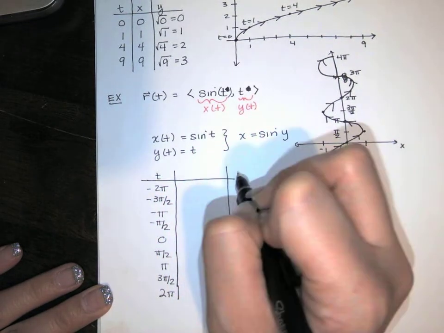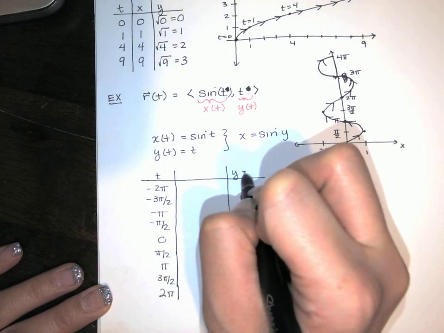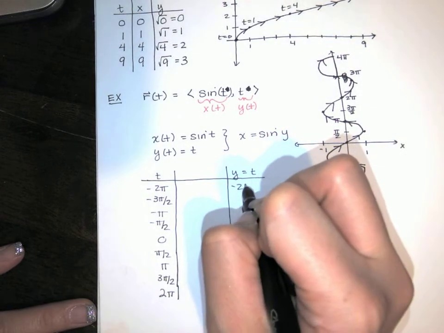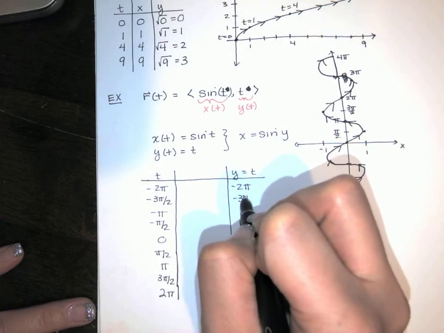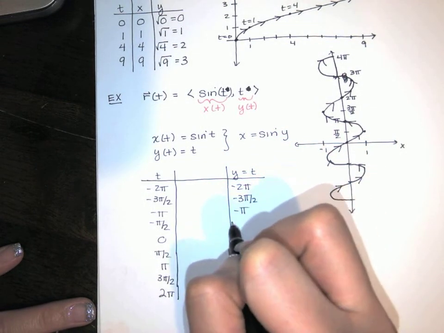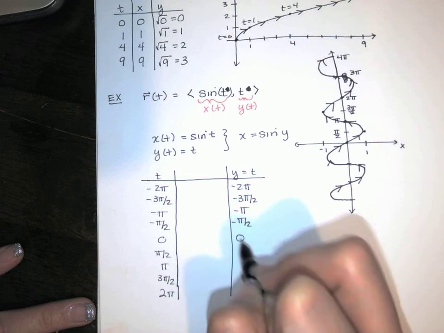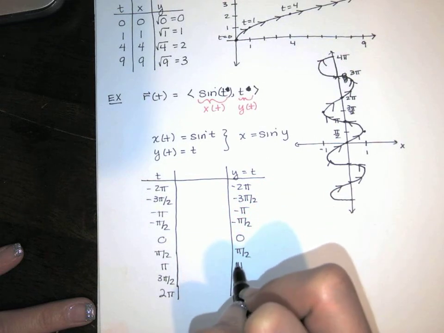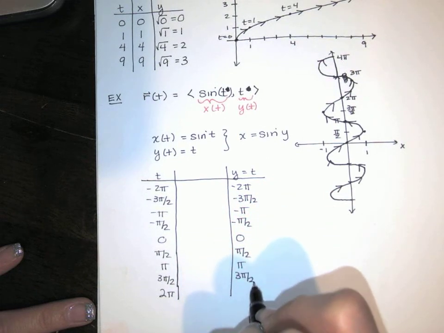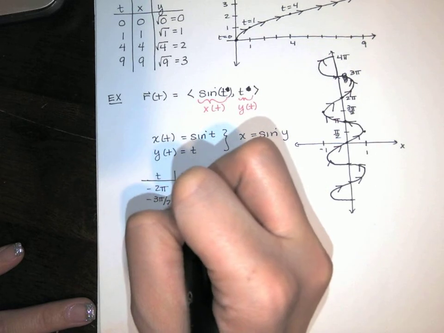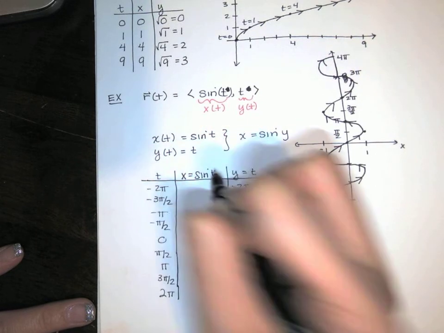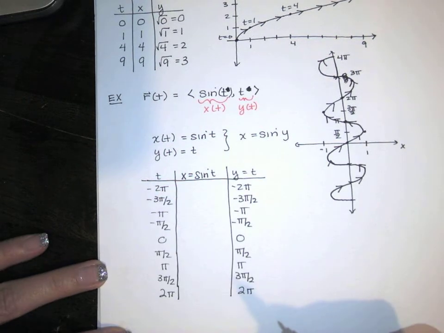Now I'm going to leave some space for x. Y is simple, y is just t. So y is going to have exactly the same values that t had. I'll just write those down again. And x has values of sine of t.